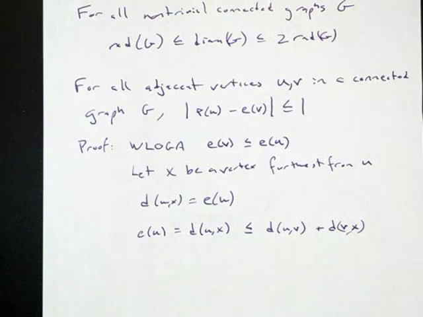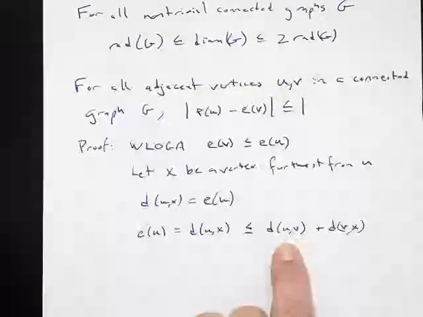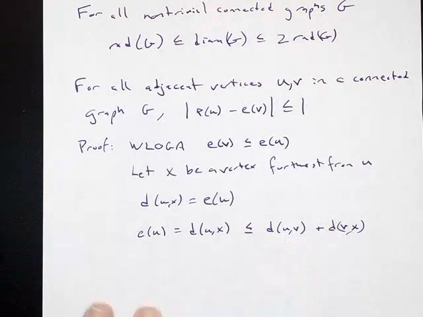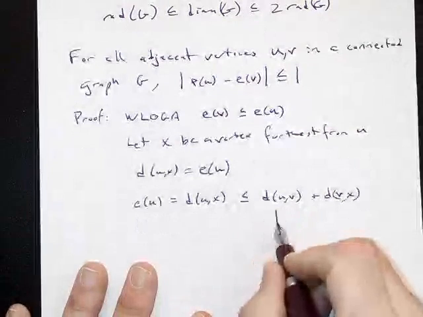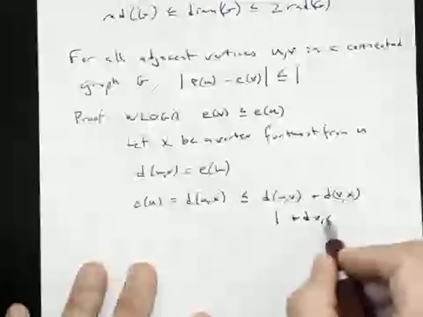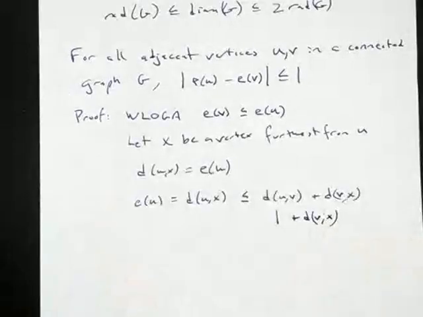By the triangle inequality, instead of going straight from U to X, if I go to V first, that's bigger. What's that number? That's a distance. What number is that distance? U and V are adjacent. Wait a minute. The distance from V to X, I don't know if X is the furthest thing away from V or not, right?